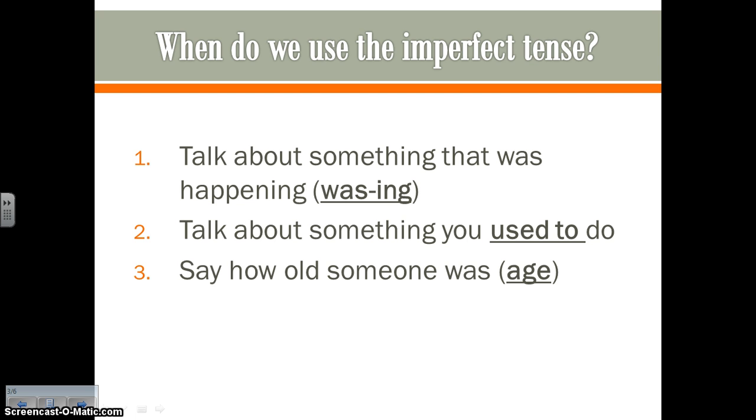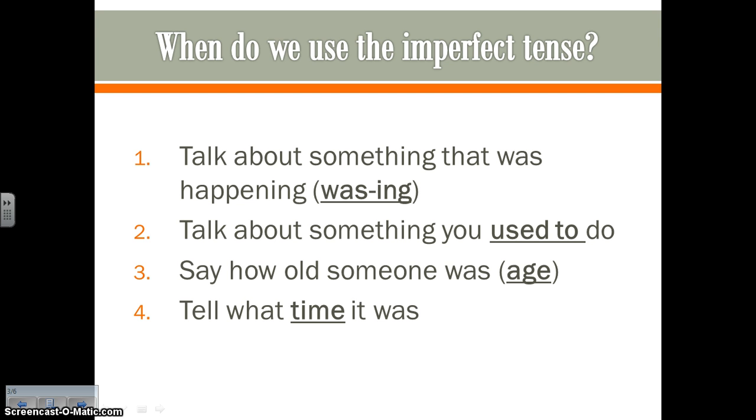So think about this. What verb do we use when we're expressing age? If you said tener, then you are correct. You might want to write that in your notes. And then finally, when we tell what time it was when something took place. Again, if I'm saying the time, what verb do we use in Spanish?